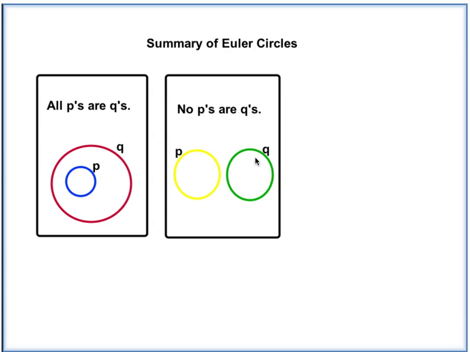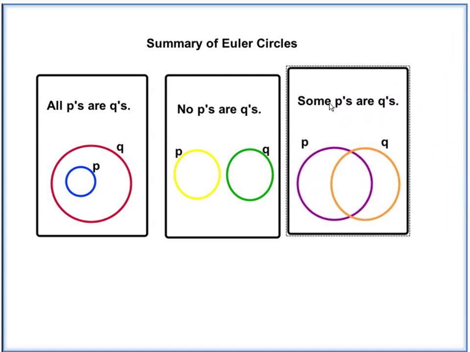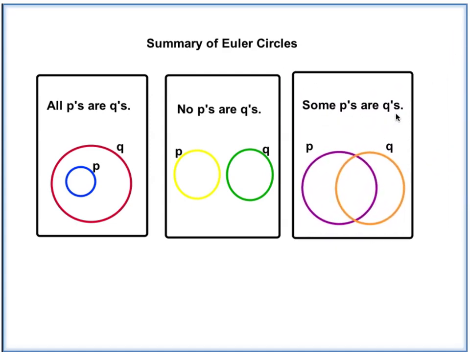So that means we're going to have two disjoint circles, meaning they don't intersect at all. And then a third type we can have is some P's are Q's. And when you have some, that means they have to intersect in at least one spot there.